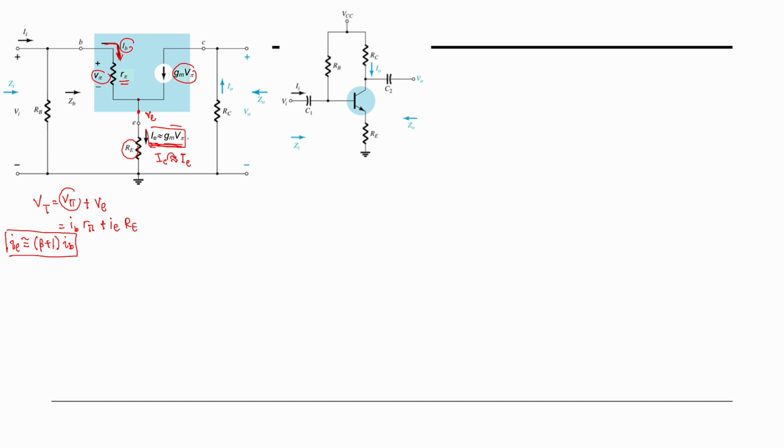So we can substitute this in here. Therefore, our VT becomes IB R pi plus beta plus 1 IB RE.